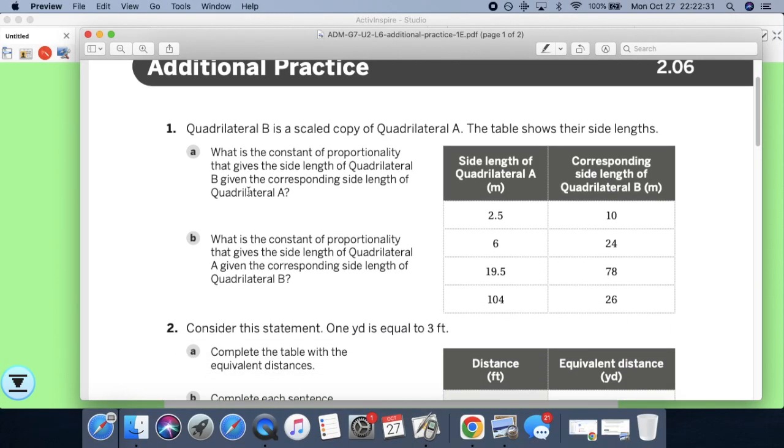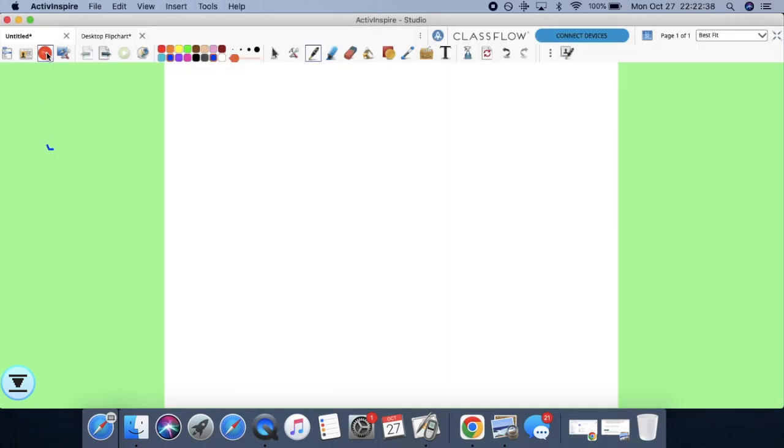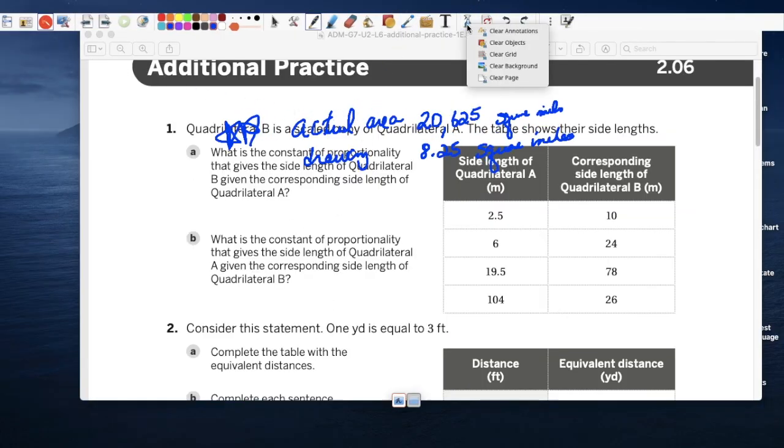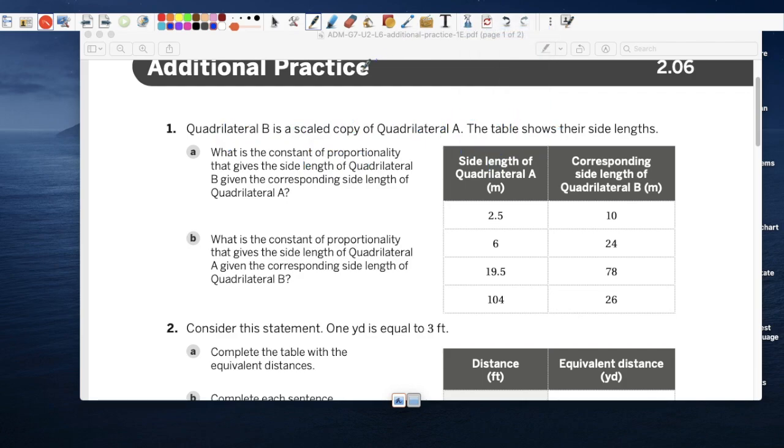We have some additional practice here. And over here, quadrilateral B is a copy of quadrilateral A. The table shows their side lengths.